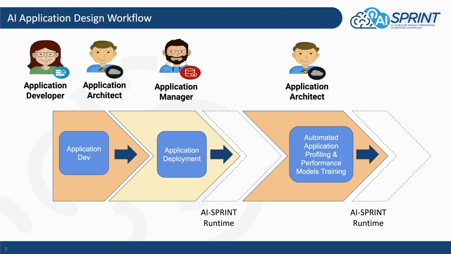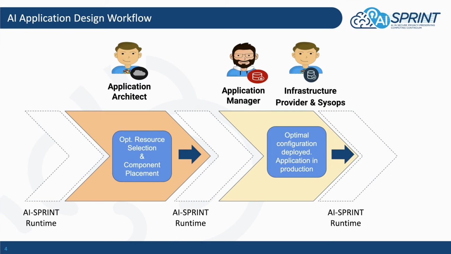So the first stage of the development of the iSprint application design workflow consists in the application definition, in which application developers and application architects provide the implementation code using, for example, the parallel programming model of iSprint and the configuration files to prepare the application for the following steps for the execution of the application.